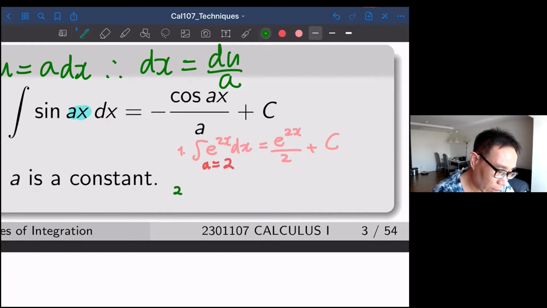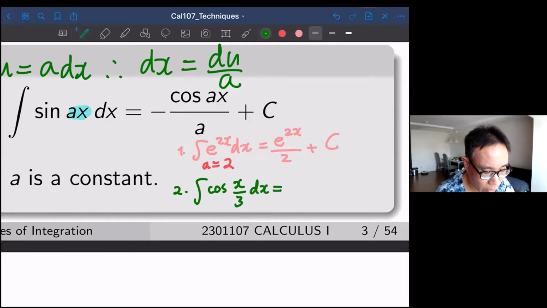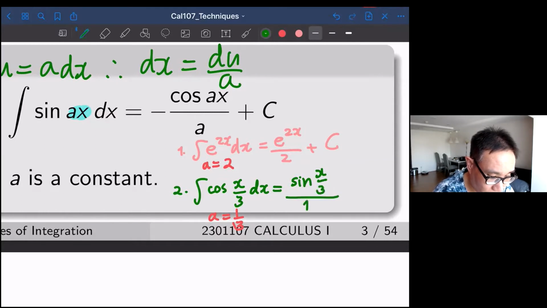For the second one, if you want to integrate cos of x over 3 dx, in this case a equals 1/3. So you integrate cos and you get sine of x over 3, divided by a, so it's over 1/3, plus c.